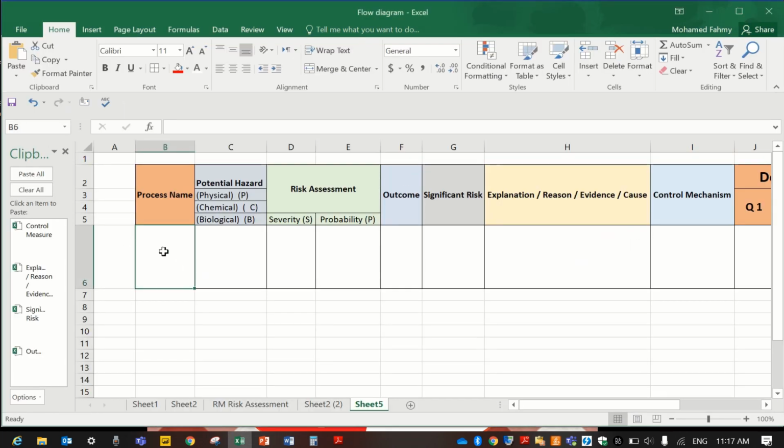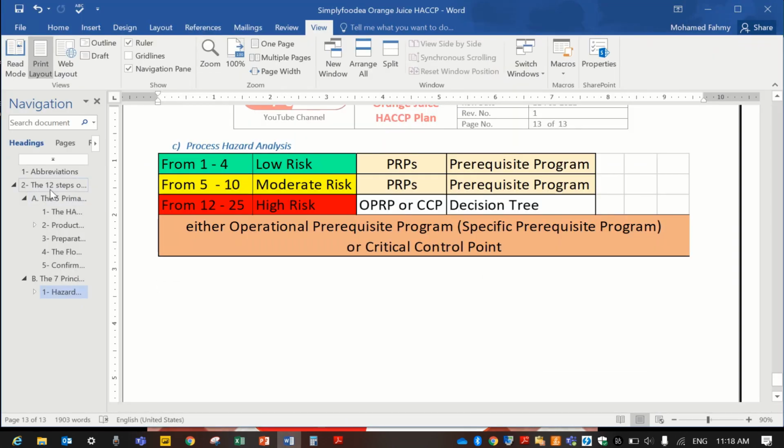So for the first process, we can write here the number of process, because your flow diagram contains numbers.